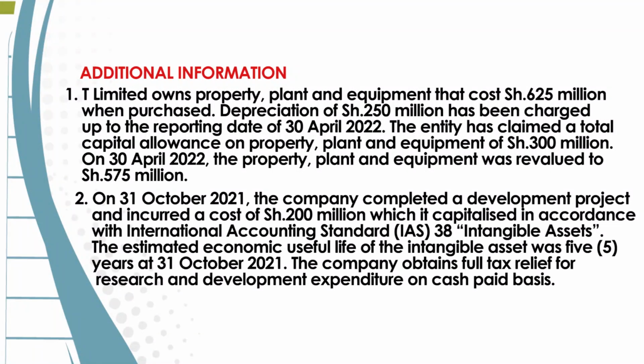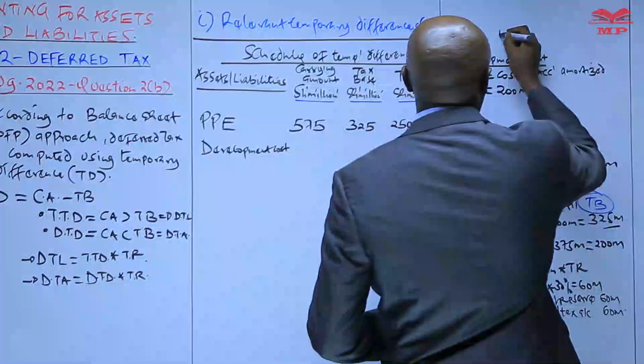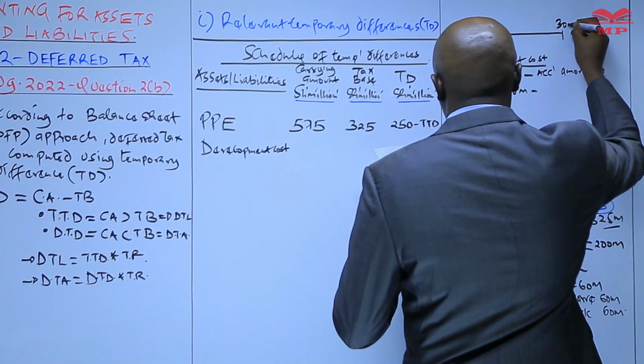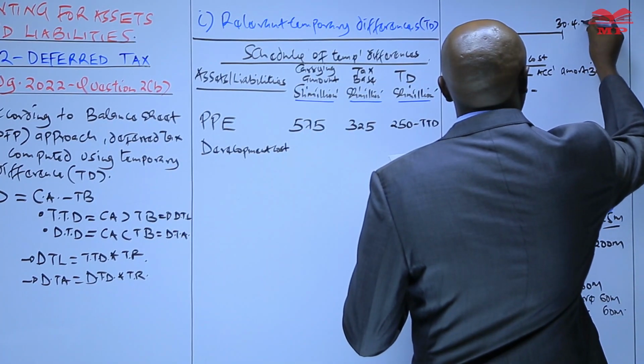And then in this case, we are told that this particular development project was completed on 31st of October 2021, meaning that this 200 million was capitalized from that date. Or in other terms, it was treated as an asset from 31st of October 2021. But in our case, we also know that the current year is ending on 30th of April 2022.